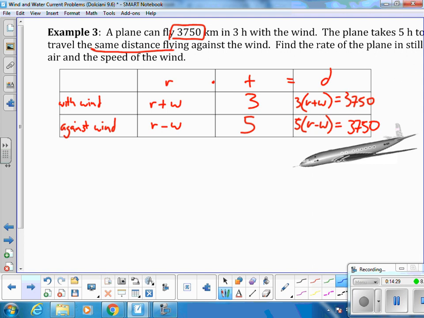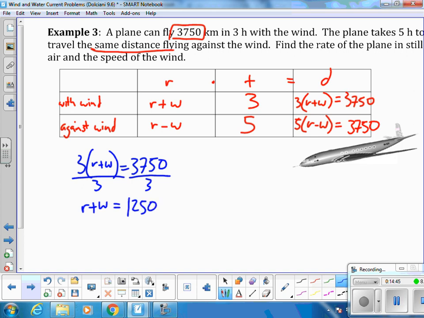All right, I have my two equations. And I can now begin to solve this system. I'm going to divide both sides by 3, so I can end up with r plus w equals 1,250. I can look at my second equation in the system.